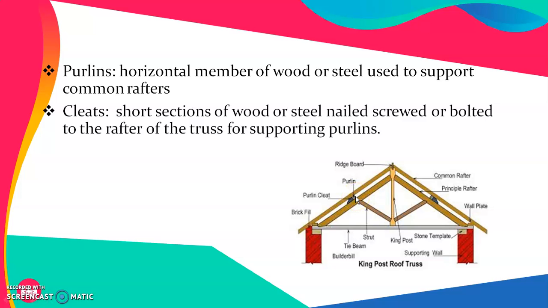They are generally placed perpendicular to the roof truss, while the block used here is called the cleat, which is used for support to this purlin and connecting it with the roof truss. So these are the purlin cleats.